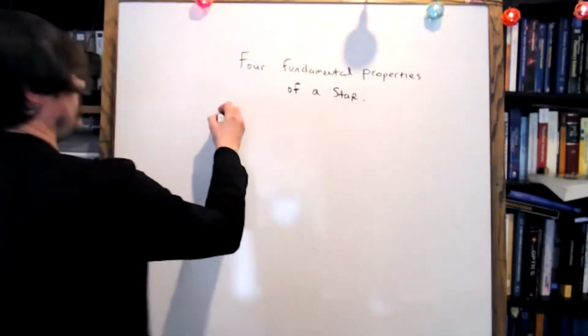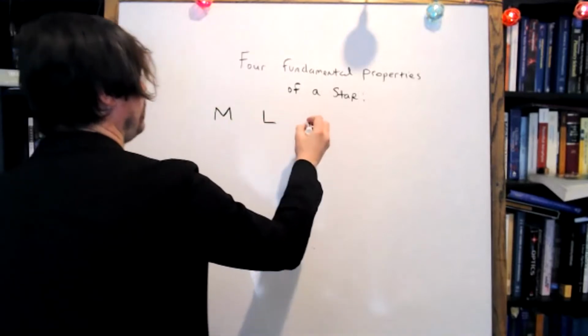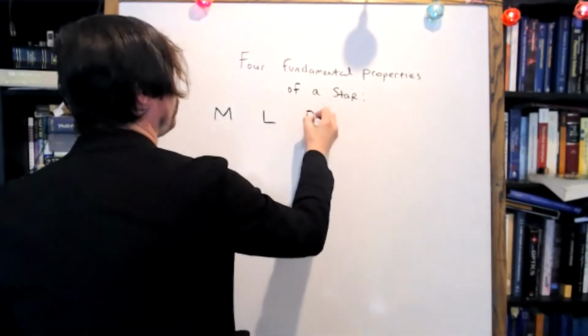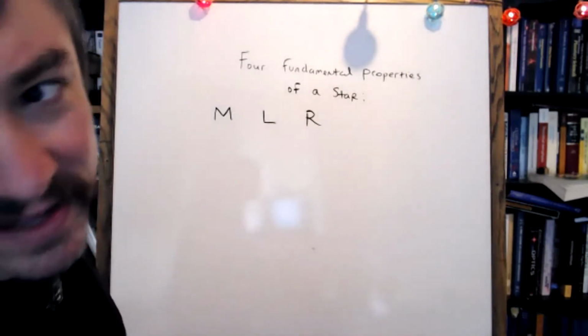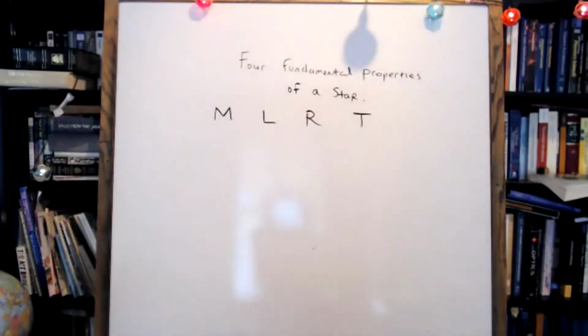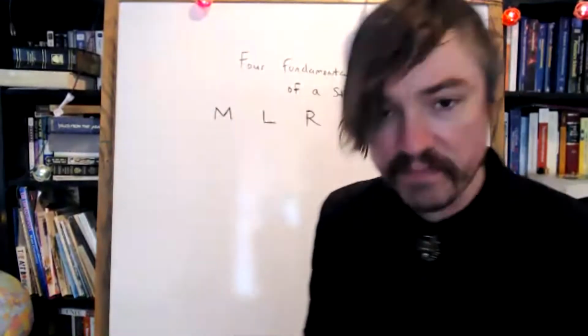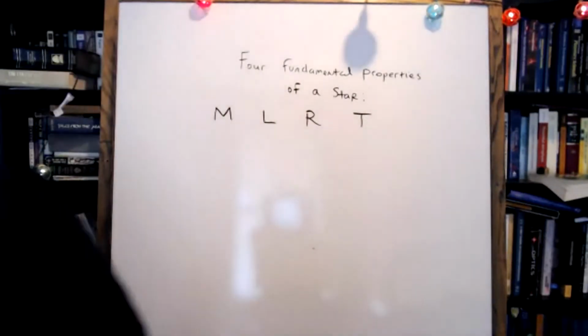Are, of course, the mass, the luminosity, the 4th one that you were looking for, Mateus, is the radius, and then the temperature. MLRT. If you want to know how stars work, you have to know the mass, the luminosity, the temperature, and the radius. These are the 4 properties that govern the physics of a star.